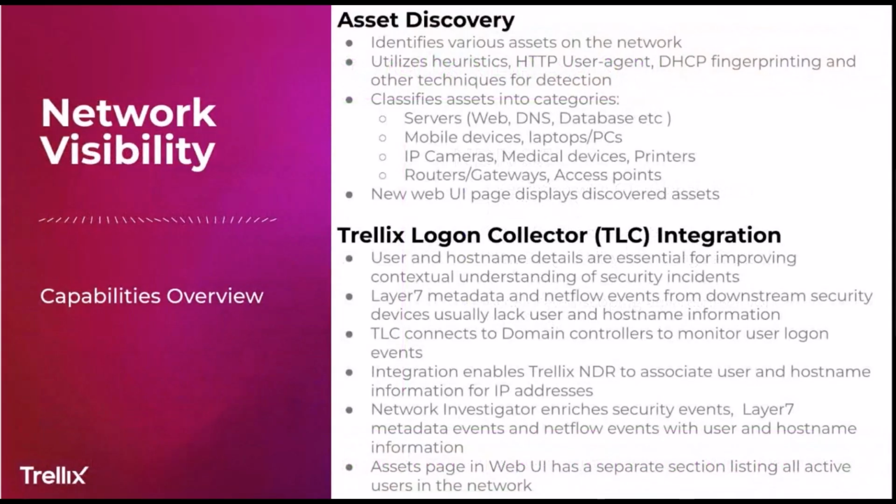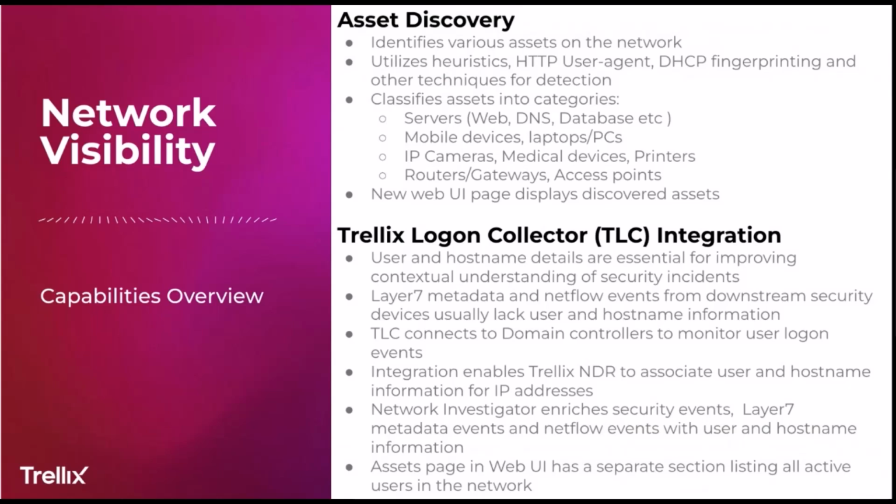So from an asset discovery perspective, this is a net new feature. As Owen was talking about earlier, some of our core use cases is around visibility, so eliminating blind spots. And part of that is being able to identify assets and correlate those assets with users and gathering all that information. So there's really two parts of that.